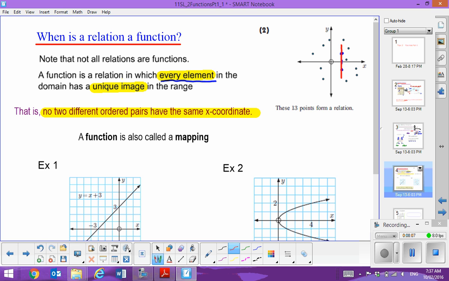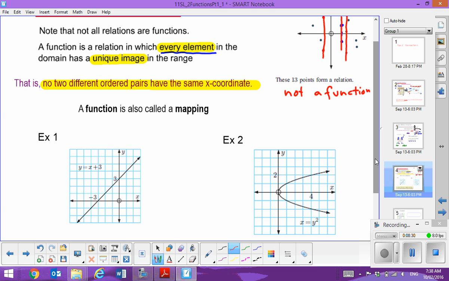It's a relation, but not a function. These 2 points, looks like they have the same x value. They're a bit close. Maybe these ones have the same x value. So this is not a function.